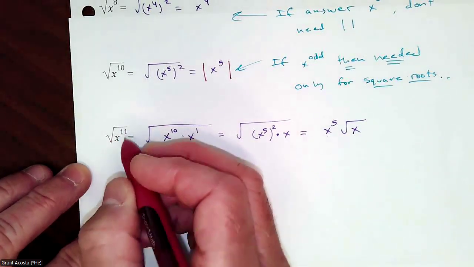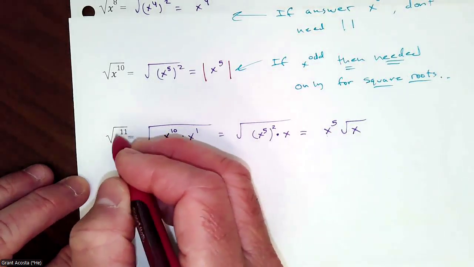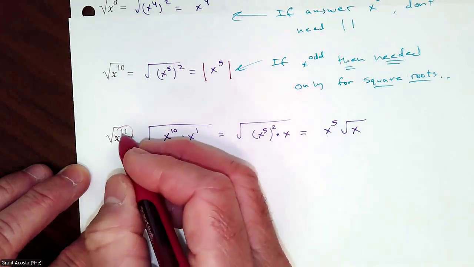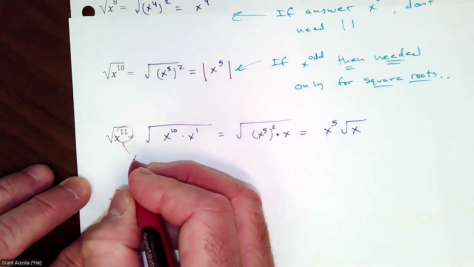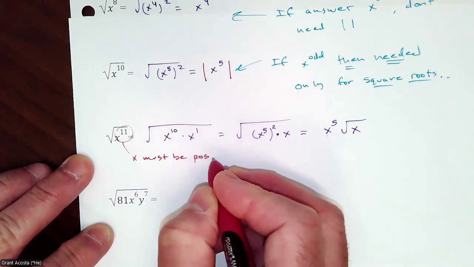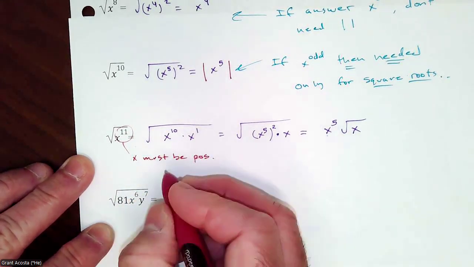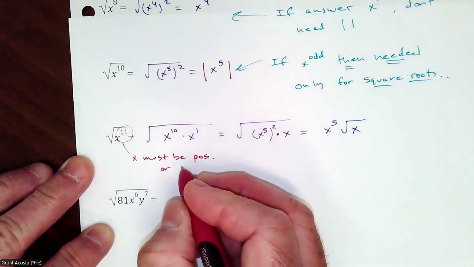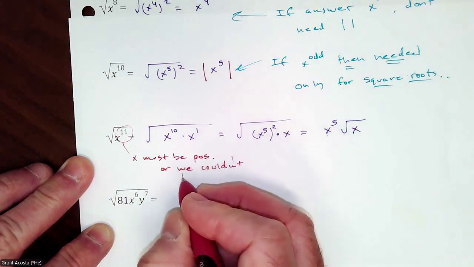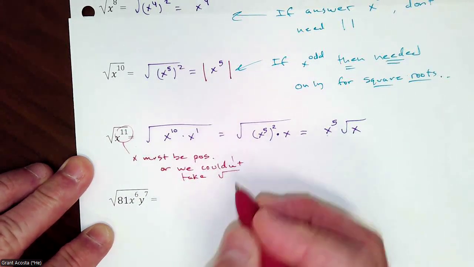So the difference here is that I'm taking the square root of x to the 11th, and I'm raising it to an odd power, so x must be positive, or we couldn't take the square root of it, right?